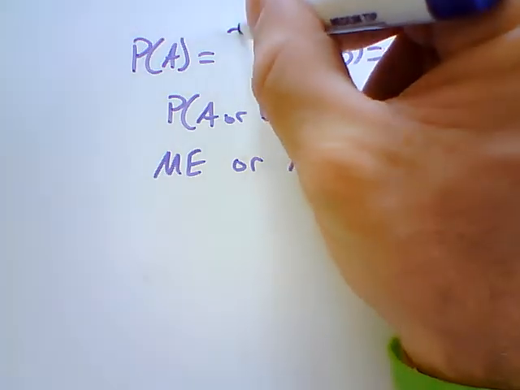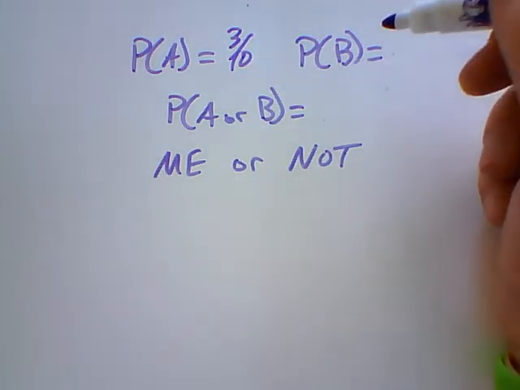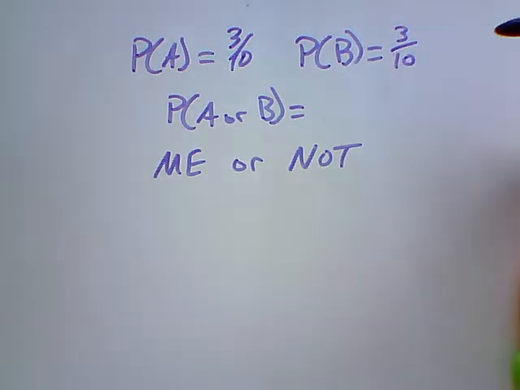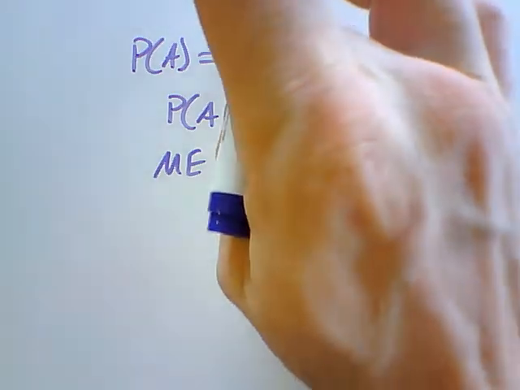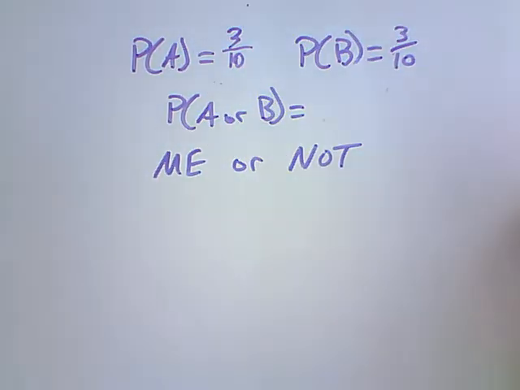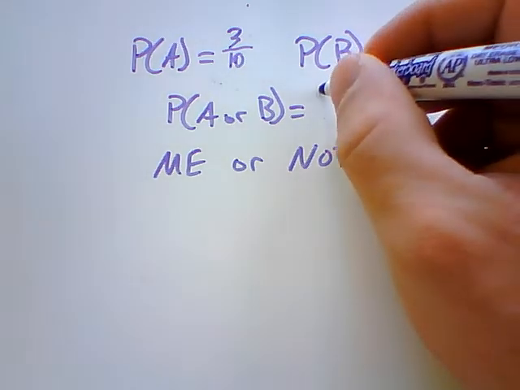The probability of A is 3/10. The probability of B is 3/10. I knew that was going to bother me. The probability of A or B is 3/5.